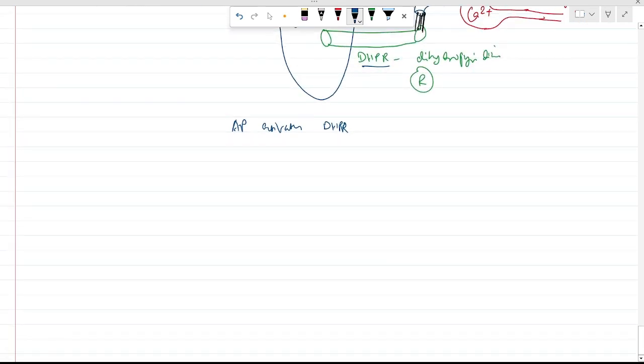This key, this DHPR, causes a conformational change. Activation of DHPR causes a conformational change in RYR. This opens the RYR, the ryanodine receptor.